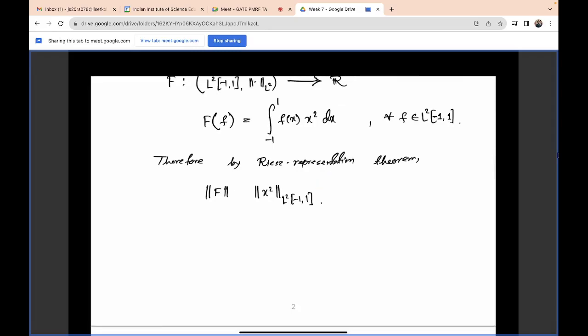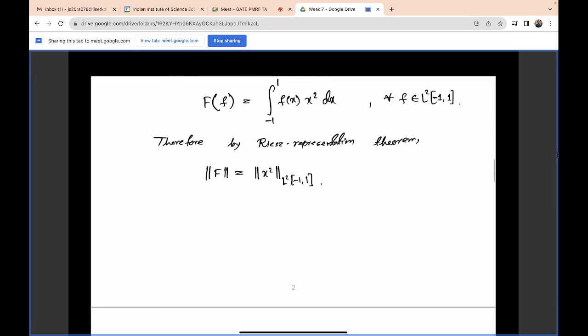So therefore we have to only find the norm of x squared in L2 minus 1 comma 1. What is the norm of x squared here? This is basically the integration from minus 1 to 1 of mod x squared, that is x squared, dx to the power half.